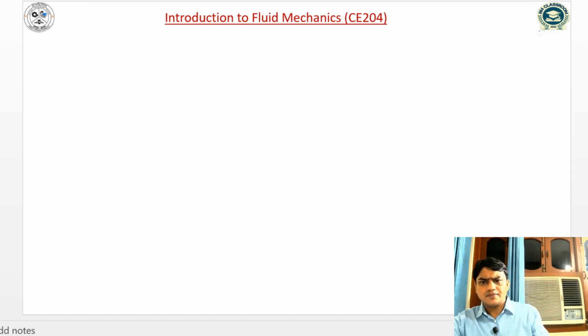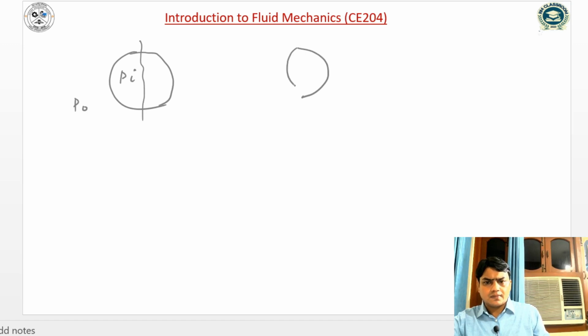So we can write once again, in case of water droplet, this is the water droplet, inside pressure, outside pressure. If I cut, it will look like that. This is the bursting force and the resisting force, or surface tension force.